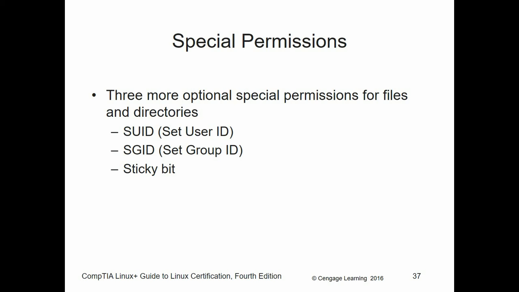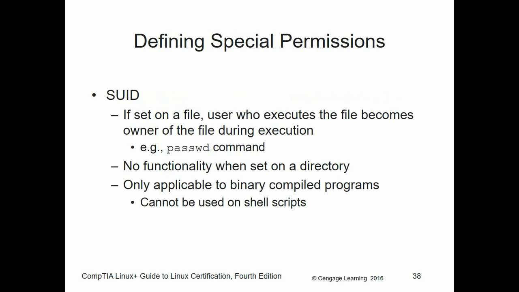Special permission. There are three more optional special permissions for files and directories: SUID, SGID, which is set user ID, set group ID, and sticky bit. Defining special permission. SUID, which is set user ID.